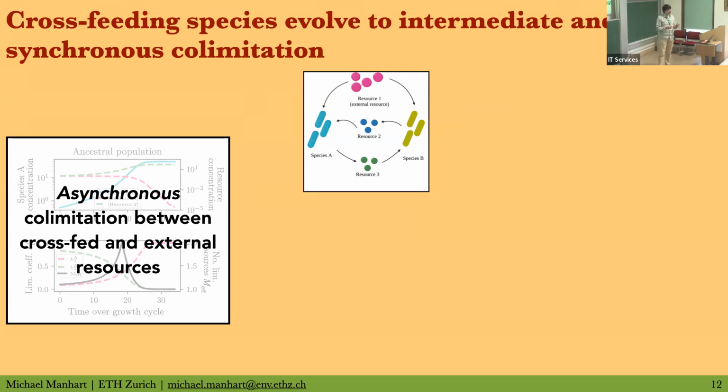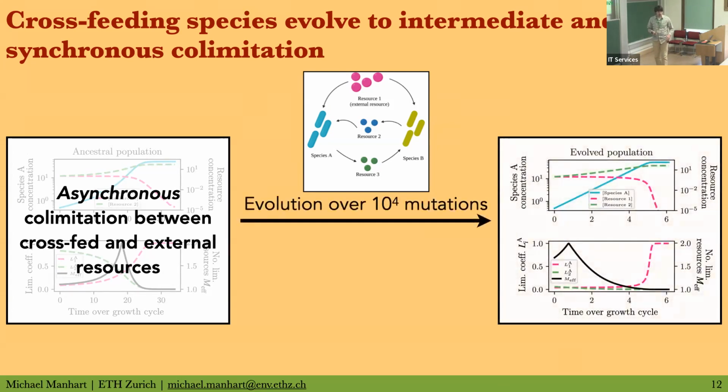So what happens if we evolve this community in the same way? We again allow 10,000 mutations to accumulate over an evolutionary trajectory. The population dynamics are again basically faster, but qualitatively similar. But now if we look at the limitation coefficients, they've changed quite a bit.